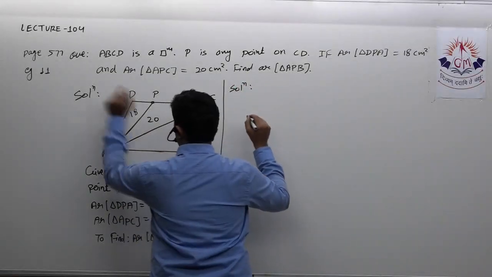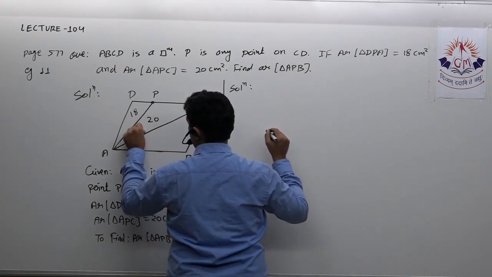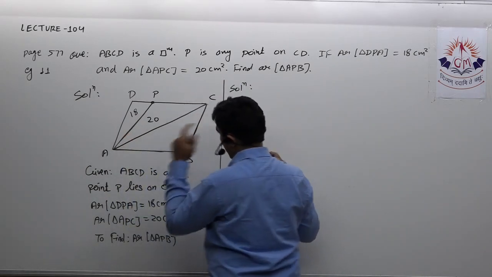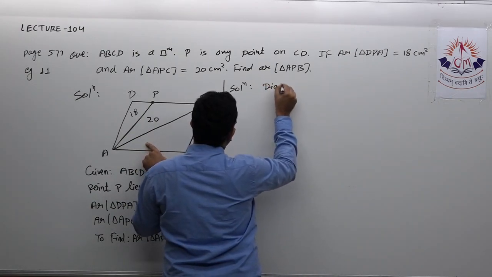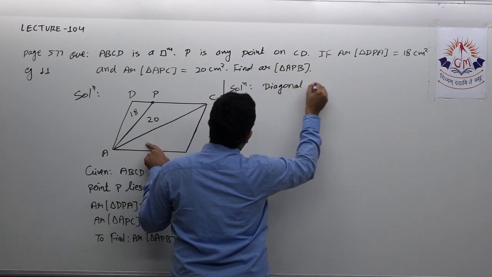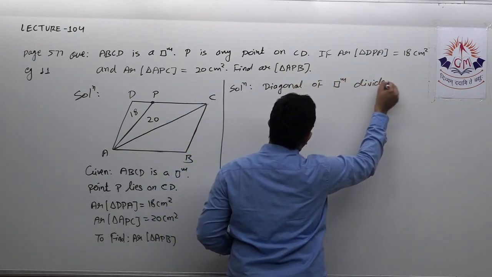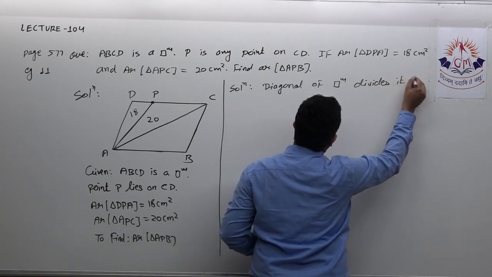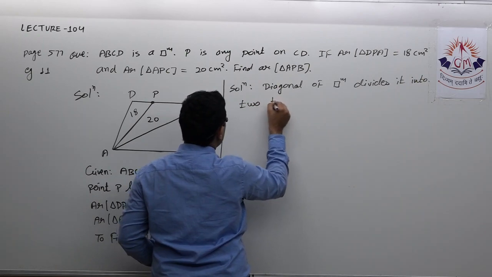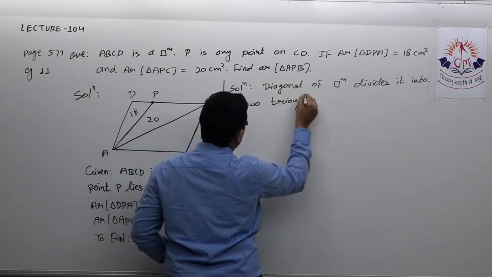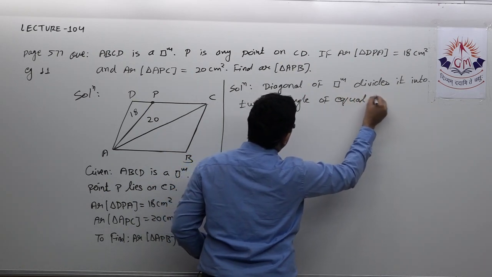So first of all, I write: the diagonal of a parallelogram divides it into two triangles of equal area.